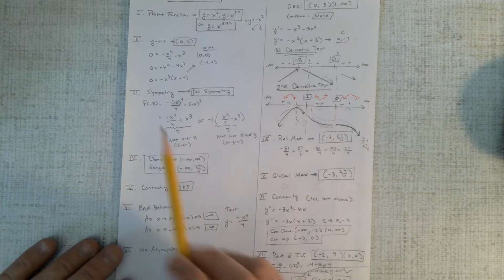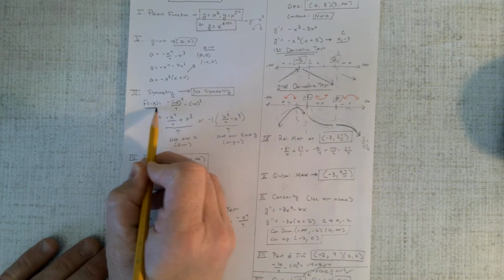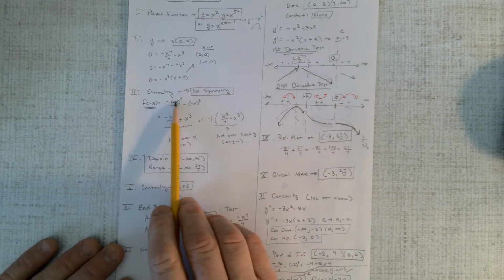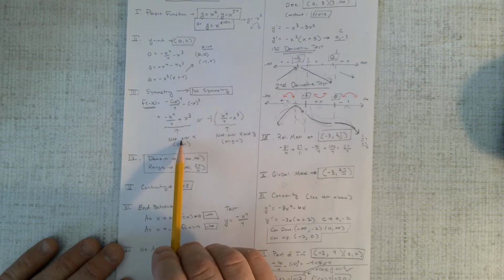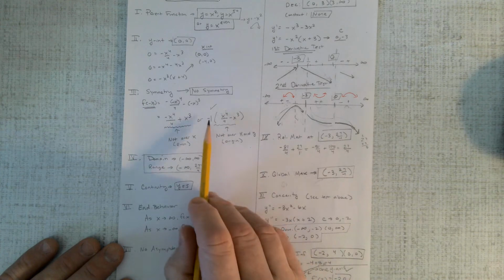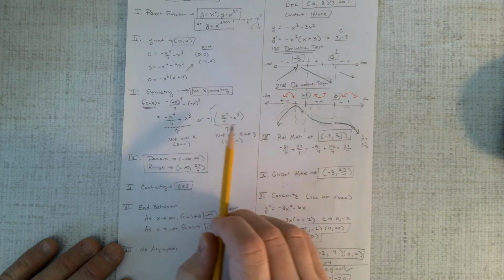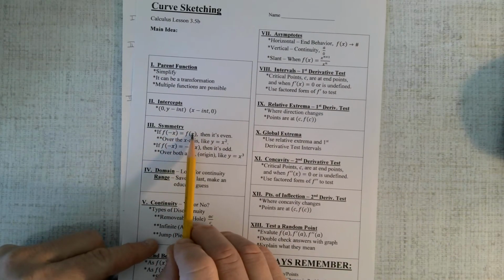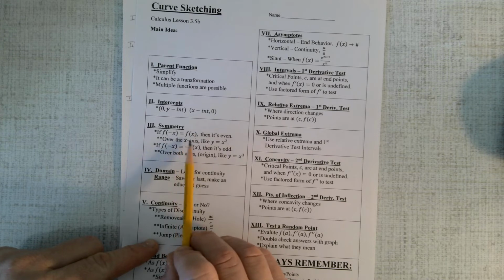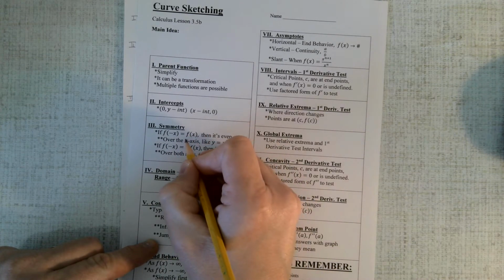There is no symmetry. The test for symmetry is just to plug in negative x. And if you plug in negative x and you don't get the same thing, it's not even. And then what you can do next is factor out a negative 1 from here. And then if this is the same, then it's over the origin, and that's the test there. If it's exactly the same, it's even, over the y-axis here.